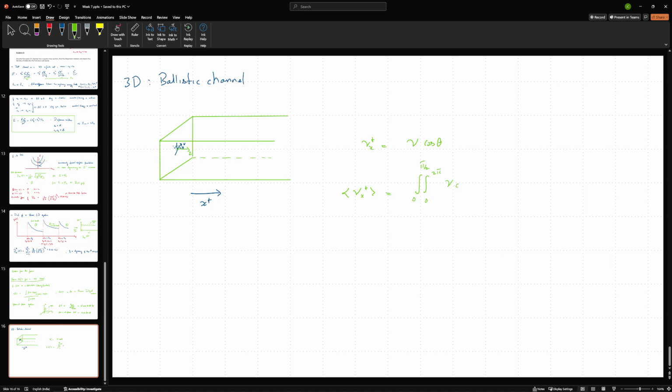So the numerator is the integral of V cos theta sin theta d theta d phi. And below here, we are going to have the integration of the volume measure alone: 0 to pi by 2, 0 to 2 pi, sin theta d theta d phi. This is what I have down here.